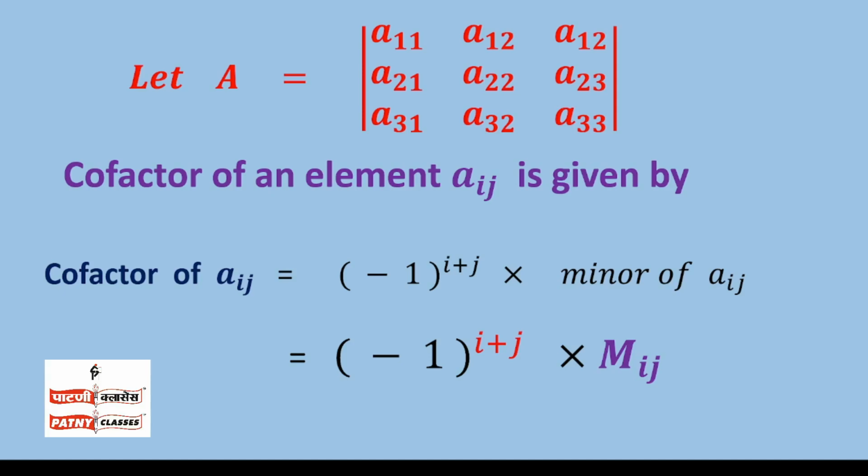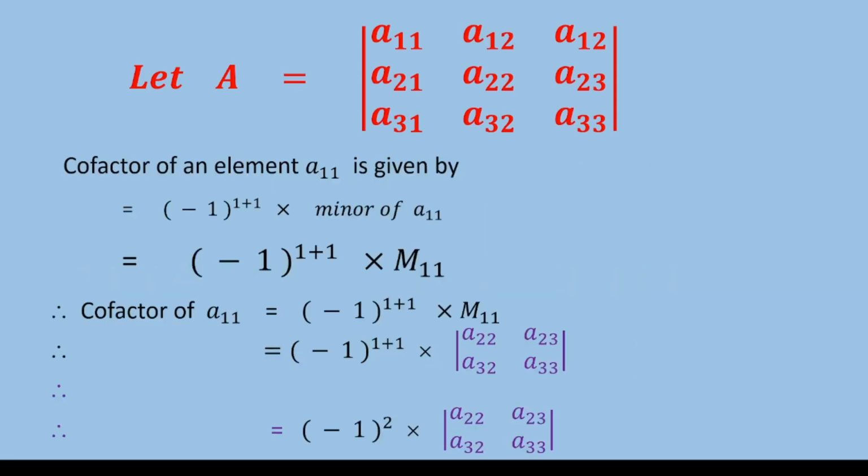Cofactor of an element Aij is given by minus 1 raised to i plus j multiplied by the minor of Aij, that is Mij. Therefore, cofactor of Aij equals minus 1 raised to i plus j multiplied by Mij. Example, cofactor of A11 is given by minus 1 raised to 1 plus 1 into the minor of A11.